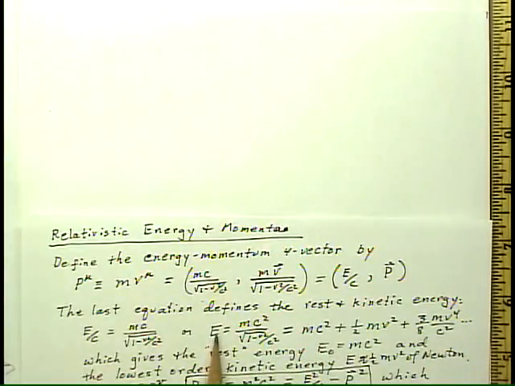And this famous formula, E equals mc squared, obtains when the velocity is equal to 0. Of course, one can see that here also. If v is equal to 0, E is equal to mc squared. This is called the rest energy of the particle, and it is the lowest energy that a particle could have.